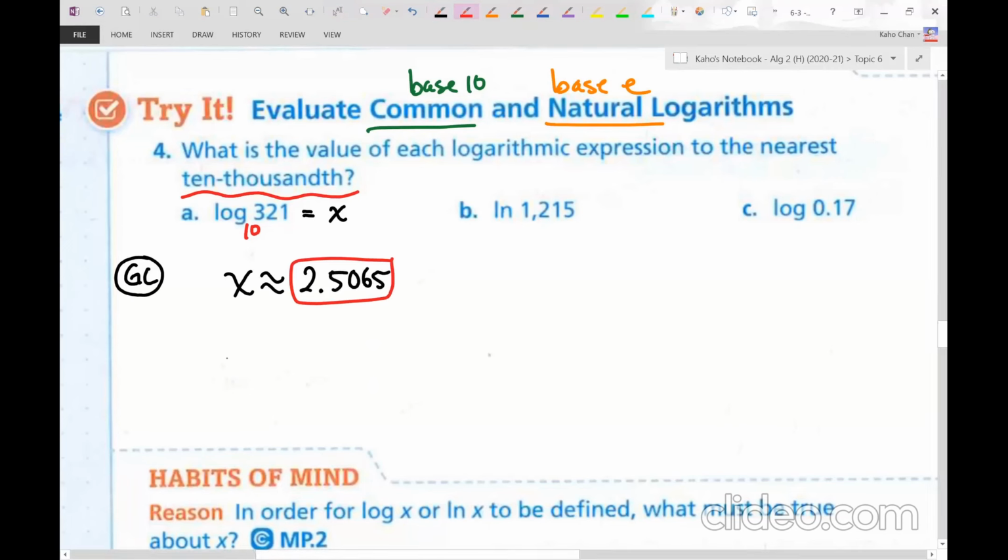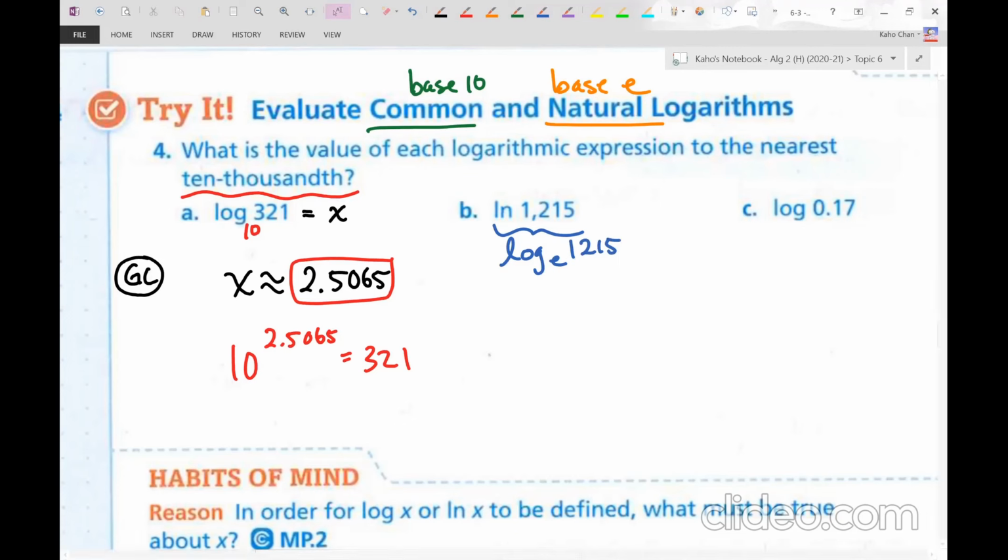This literally means 10 to that power equals 321. That's what that means, okay? All right. Oh, next one, natural log, which means this is the same as log base E of 1,250. E is 2.718. Remember that from compound interest. Okay, let's punch that into the calculator.